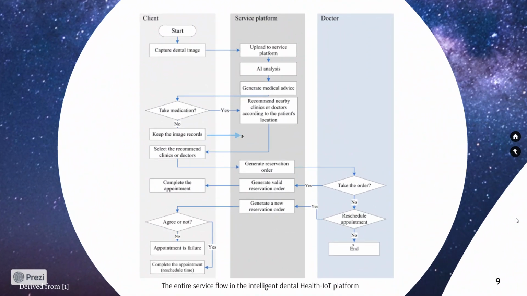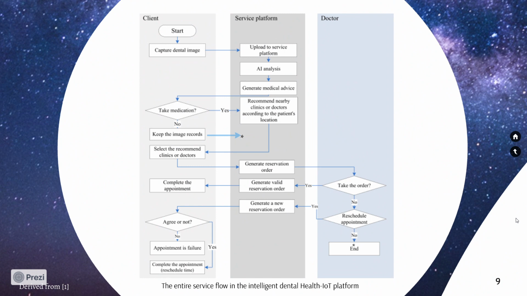And this is the flowchart for the entire product. I can explain in case you can't follow it properly. As we can see, there are three levels: a client, the service platform, and the doctor. Naturally it starts off from the client because the client has the IoT device.